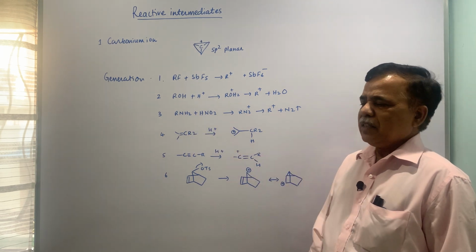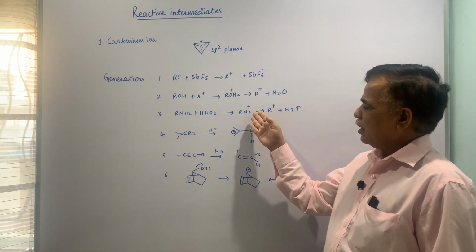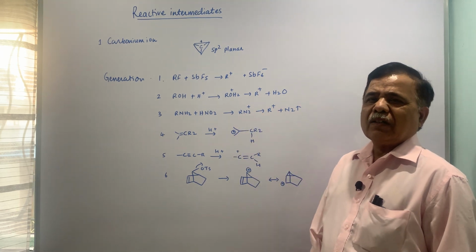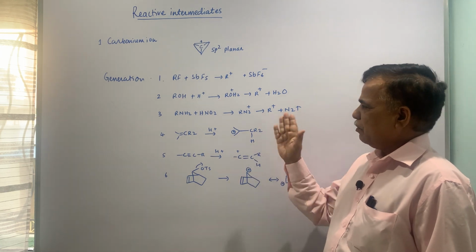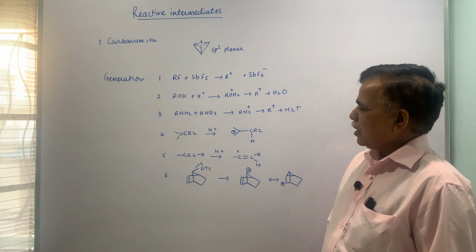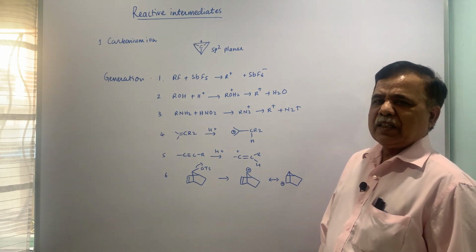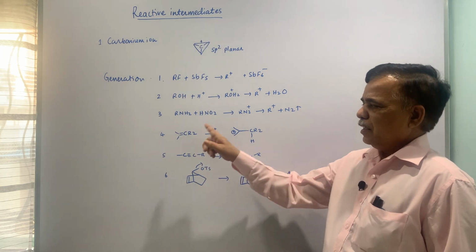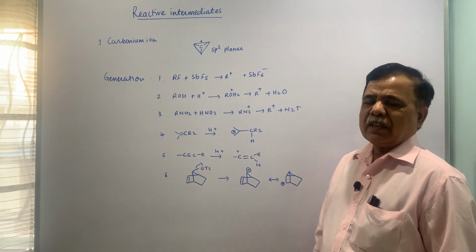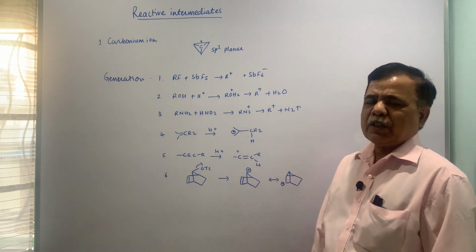Similarly, the amines, when diazotized, give the diazonium salt, and nitrogen being a good leaving group, it departs with the formation of R plus, or the carbonium ion to be precise. Another method is wherein you can add H plus across the double bond, or you can say that alkenes interact with H plus.